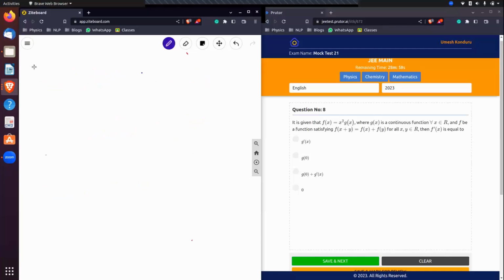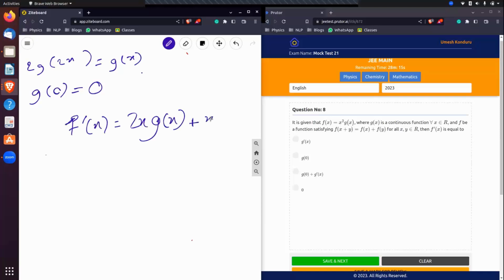Let's just write that down. x square. So still we need to find some way, some sort of relation between g of x and g prime of x.